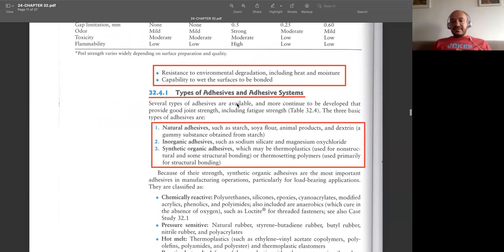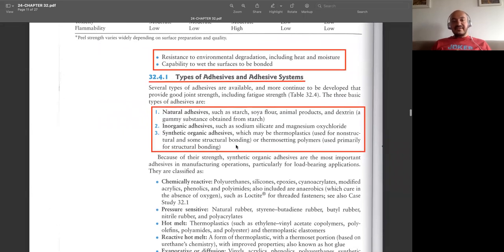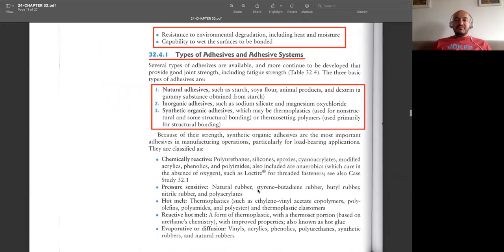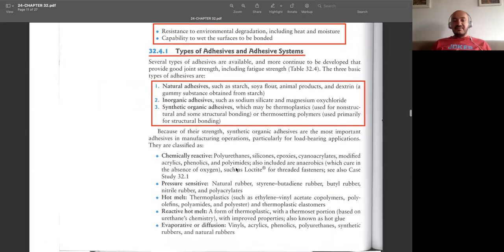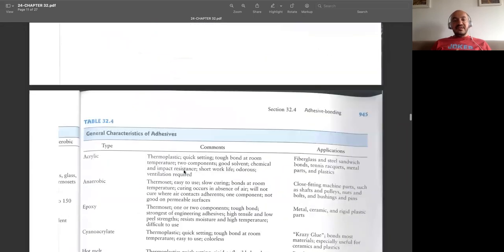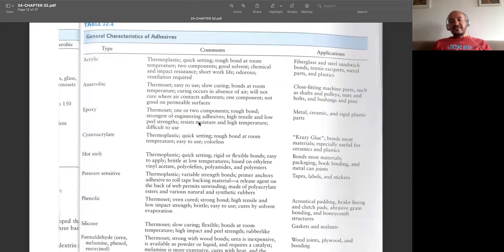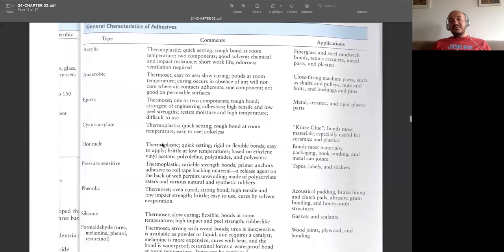What are the types of them? Types of adhesives? We have natural ones, inorganic ones, synthetic ones. But the most popular one is the synthetic one, like using thermoplastics or thermosets. And you should be checking some guidelines. For instance, one may be suitable for metals, but the other one may not be suitable.